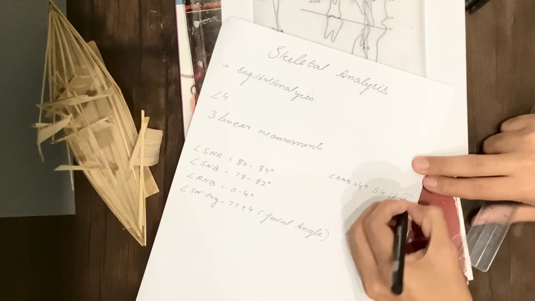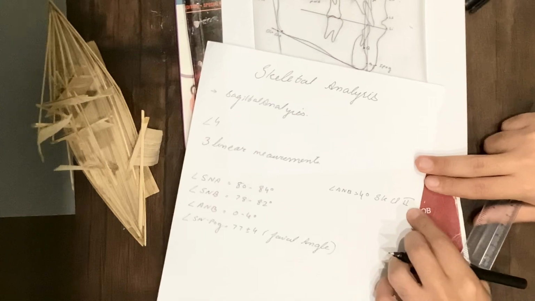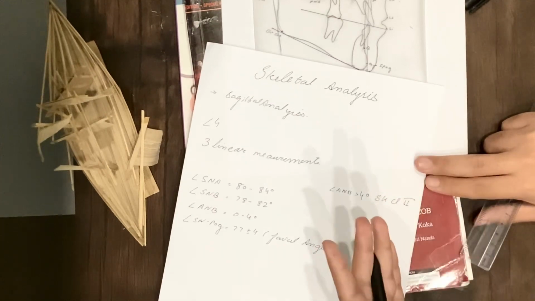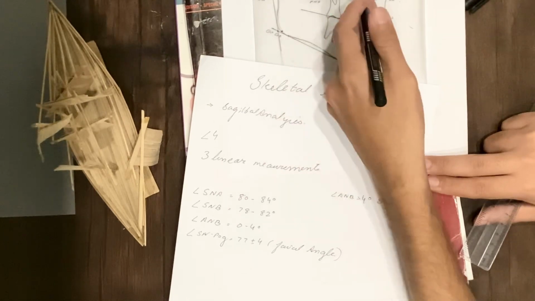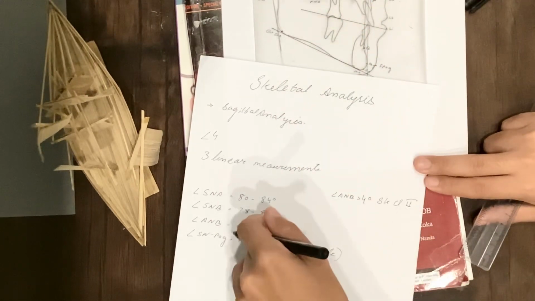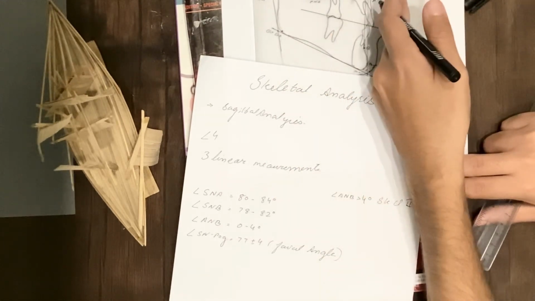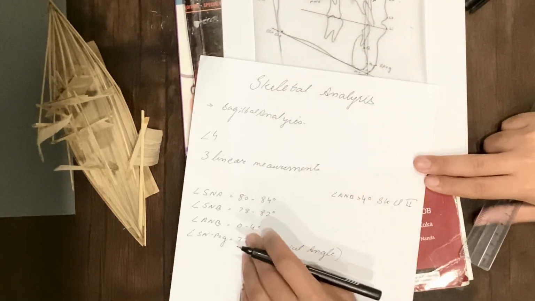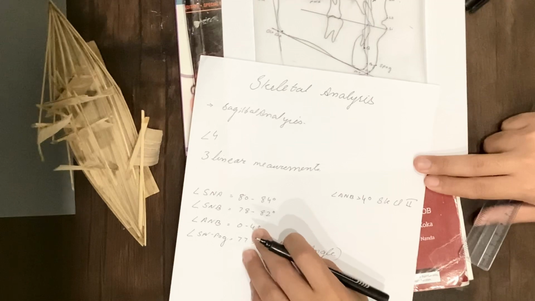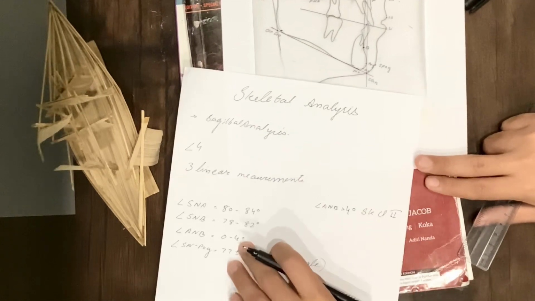In this case, the angle is greater either due to the retrusive mandible or due to the prognathic maxilla. In both cases, the ANB angle will be greater than 4 degrees.